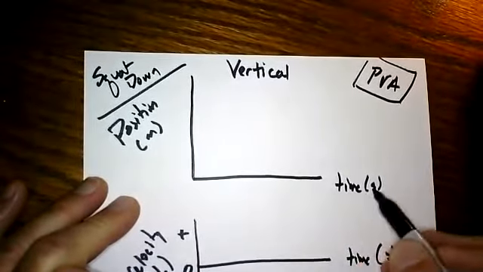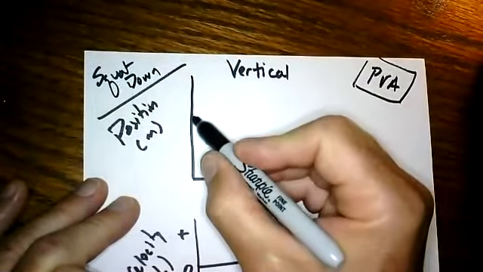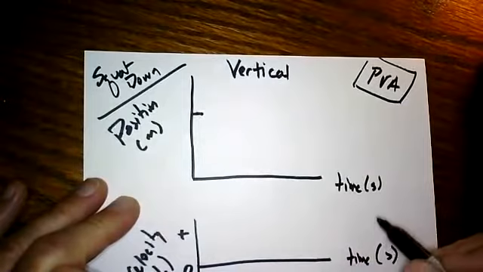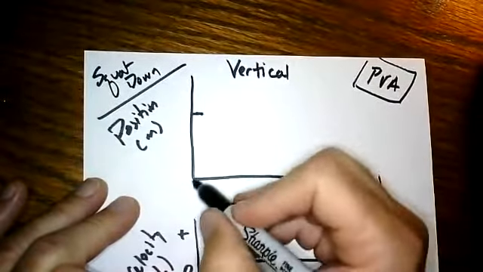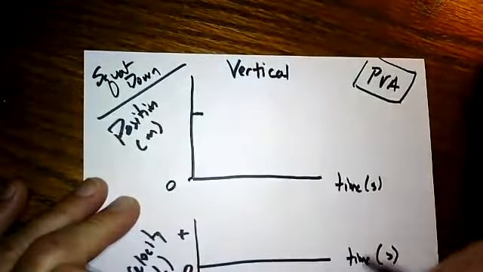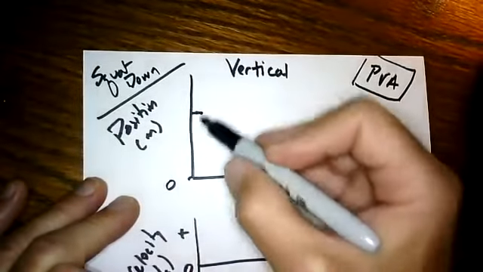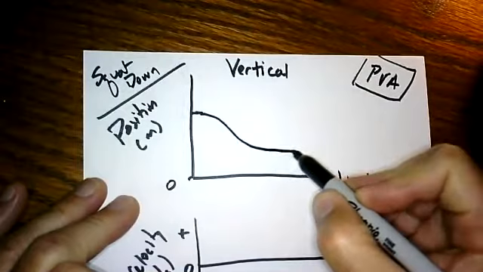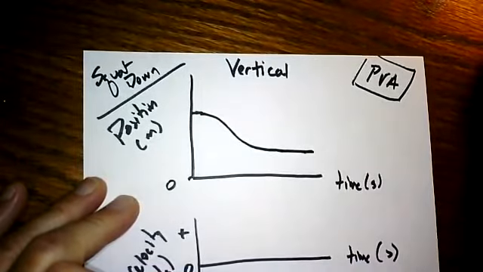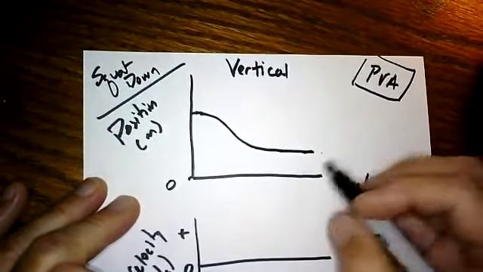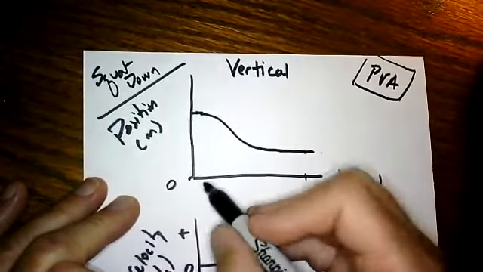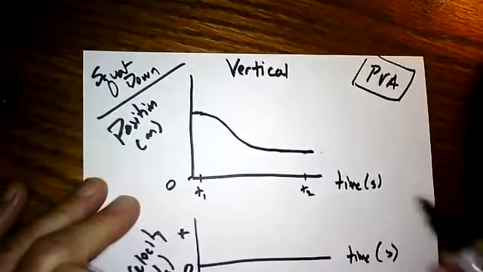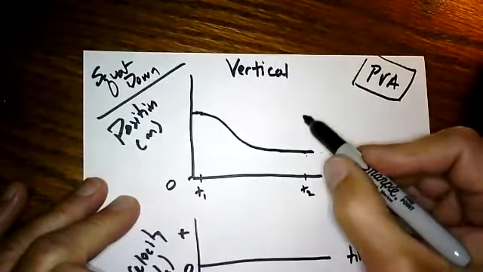So I've got time on this x-axis, and I'm going to start the person with the center of mass at some height. Just envision this is the height of the person. This is 0. This would be probably about 1 meter. And then the person squats downwards, and the way I've drawn it stays in the squat position. So now they're lower. On my previous plot, I would say this is time 1 and this was time 2. So now the person's at a lower position over here.